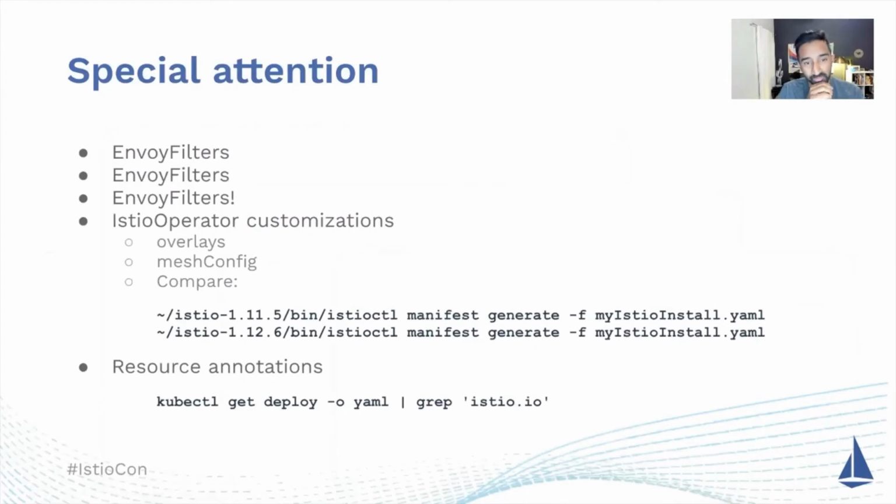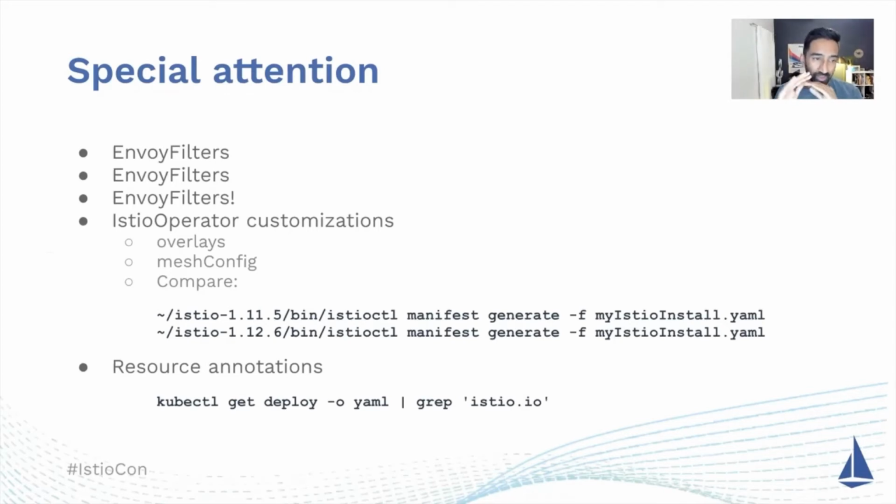Most of the time, when things go bad after an upgrade, it's usually an Envoy filter. It's not that Envoy filters are not stable. The API itself is stable, but the things that you can do with an Envoy filter can be incompatible from version to version. So Envoy filters are just dangerous overall.